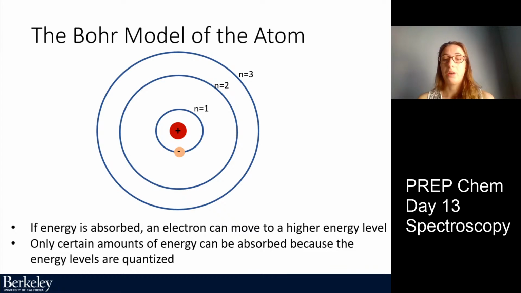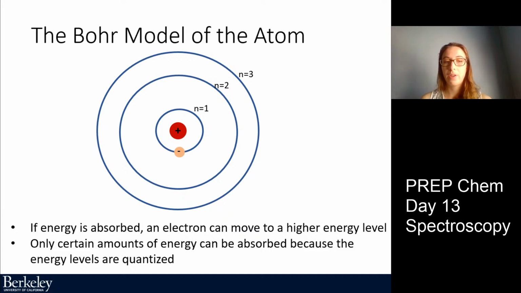From what we talked about before about emission versus absorption, if energy is absorbed, then that will allow an electron to move to a higher energy level. However, only certain amounts of energy can be absorbed because energy levels are quantized according to Bohr's model. This was the main innovation in his model: he incorporated the quantization of energy.